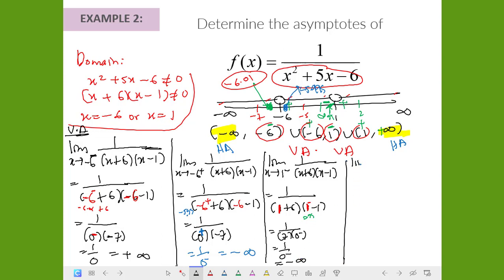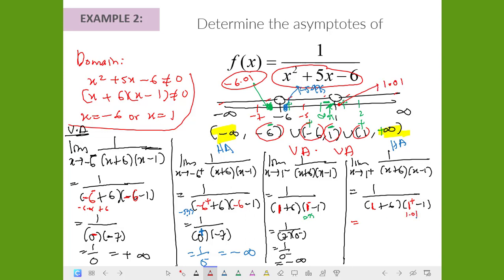So for the limit as x approaches 1 from the right, x plus 6, x minus 1, and then substitute. 1 plus 6, just positive, right. Now let's say 1 from the right is 1.01.